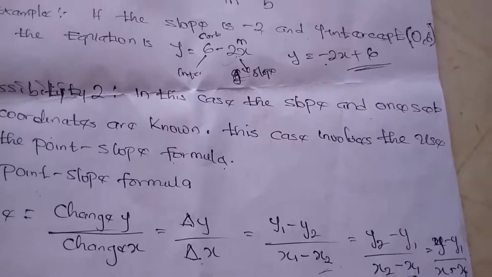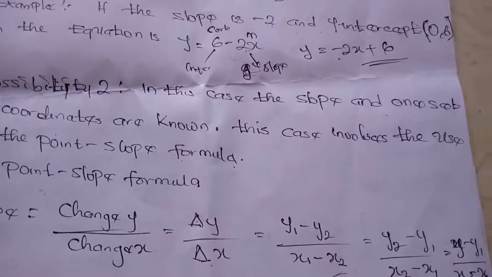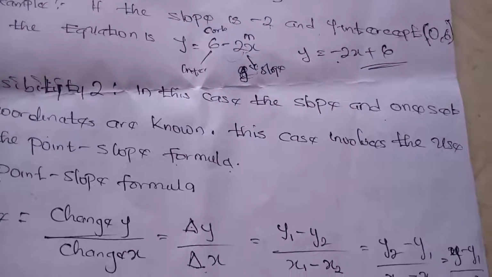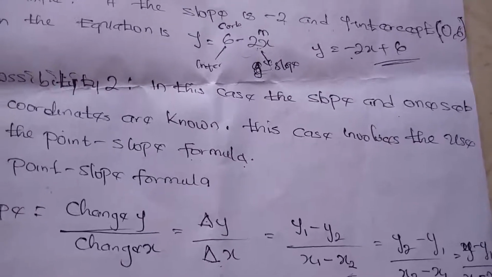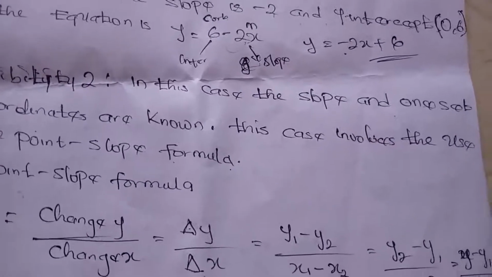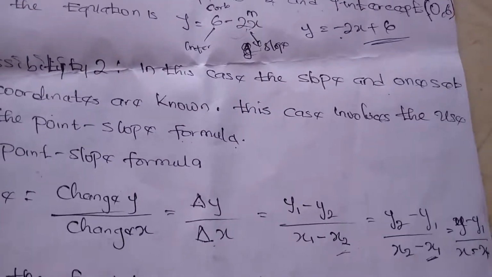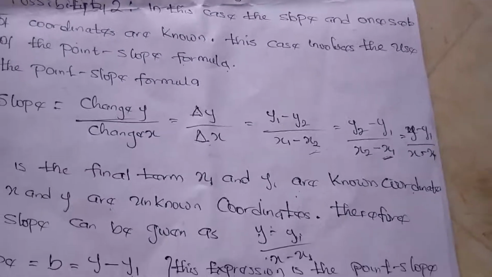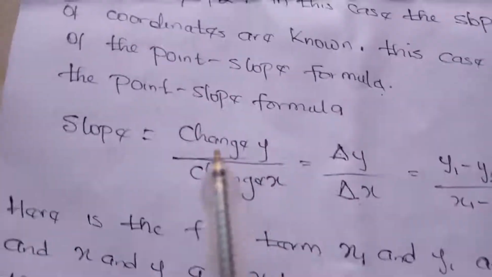This case involves the use of the point slope formula. In possibility 2, where it gives us the slope and one set of coordinates, we use the point slope formula, and this is the point slope formula.